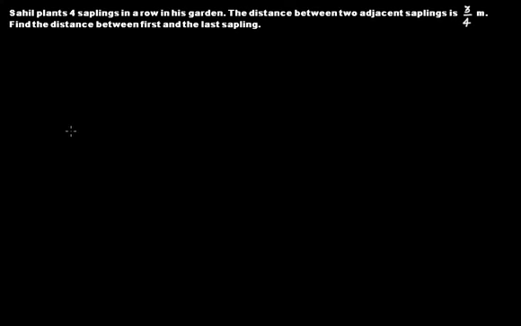If this is a straight line and Sahil plants, let's suppose the first sapling is here, the second sapling is here, the third sapling is here, and the fourth sapling is here in his garden. First sapling here, second here, third here, the fourth here.